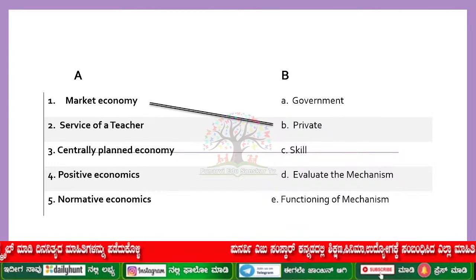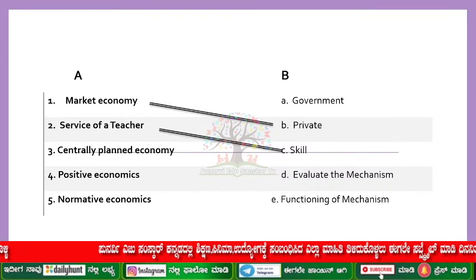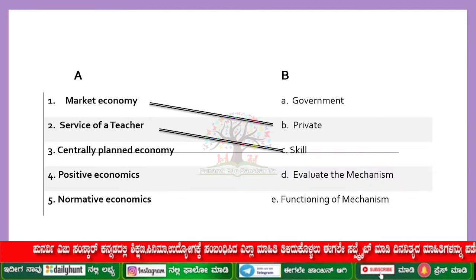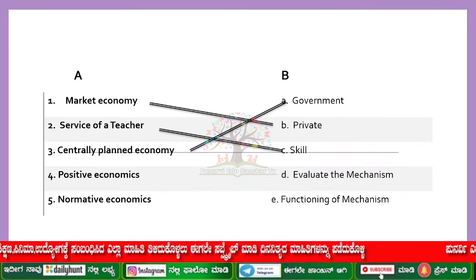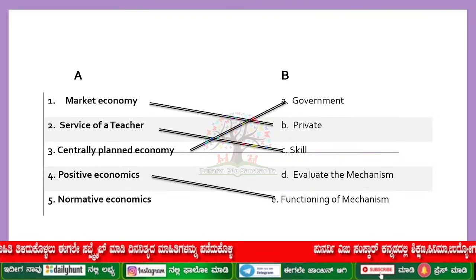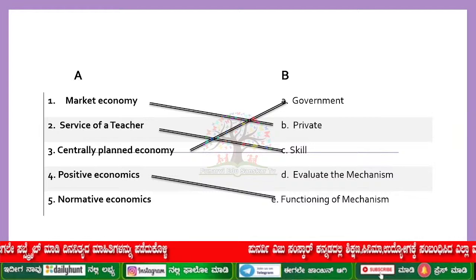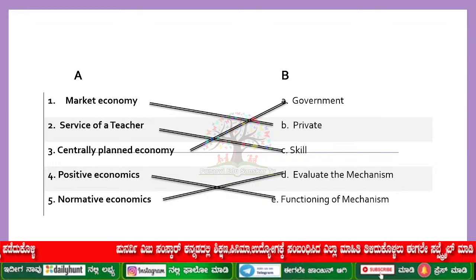Service of a teacher, it is a skill. Centrally planned economy, where economic decisions are taken by government. Positive economics deals with the functioning of the mechanism. Normative economics evaluates the mechanism.